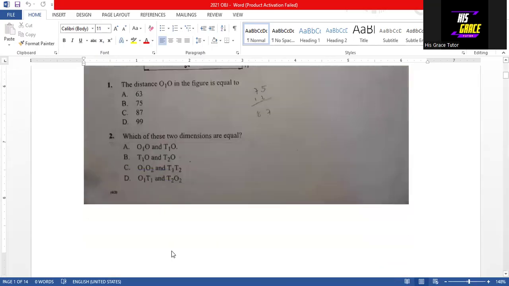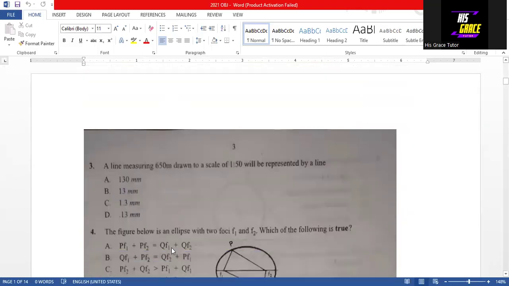So question 3 says that a line measuring 650 meters drawn to a scale of 1:50 will be represented by a line 130 millimeters.